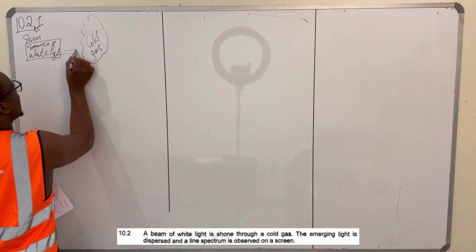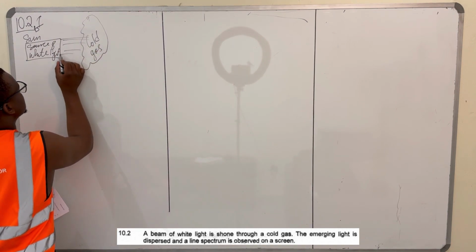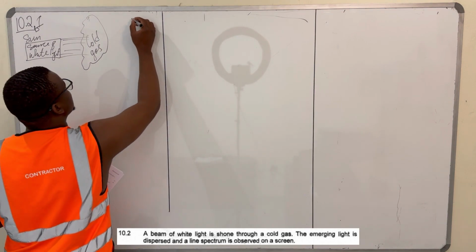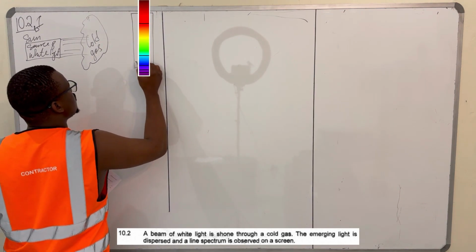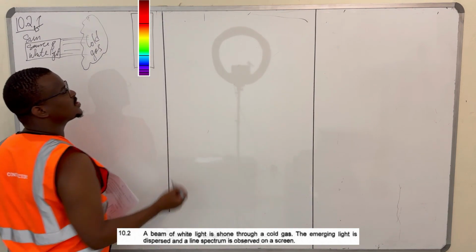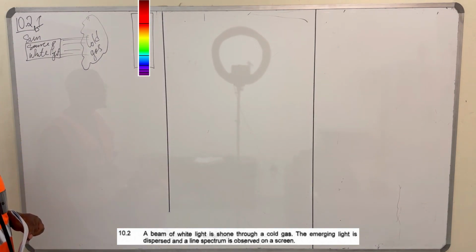So this beam of light is shone into this cold gas, and then at the back, you observe some sort of absorptions or some sort of line spectrum. That's what they're telling you.